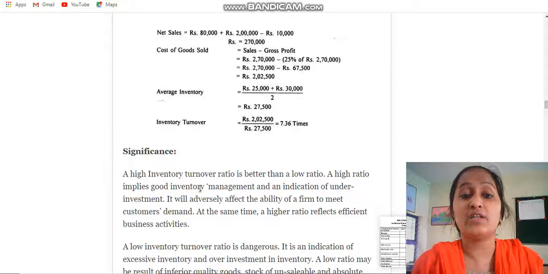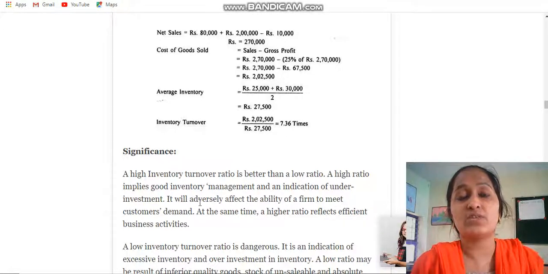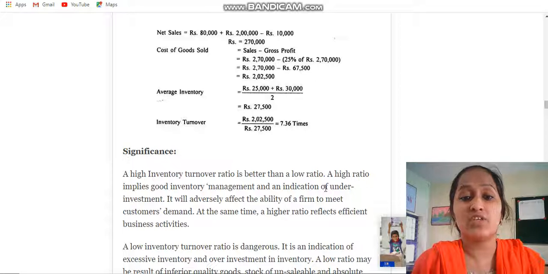So here you can see the significance of the activity turnover ratio, which is a part of inventory ratio. A high inventory ratio is better than a low ratio. A high ratio implies good inventory management, but can also indicate under investment, which will adversely affect the ability of the firm.